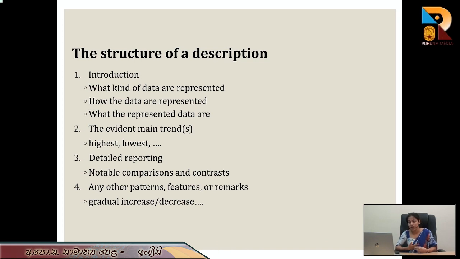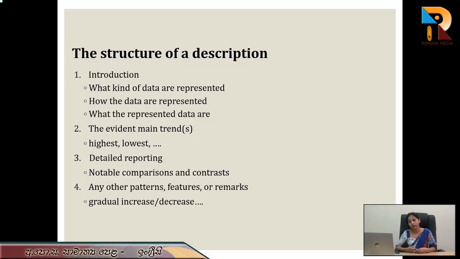What kind of data are presented? Now, for an example, you can say this bar graph represents the mode of transportation used by the villagers, or this pie chart represents the stationery items sold at the school canteen, right?